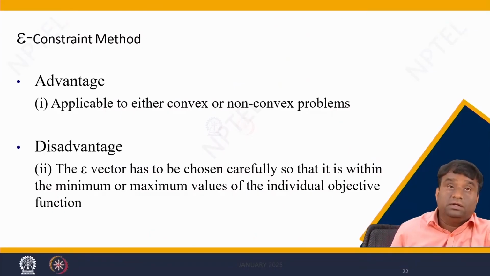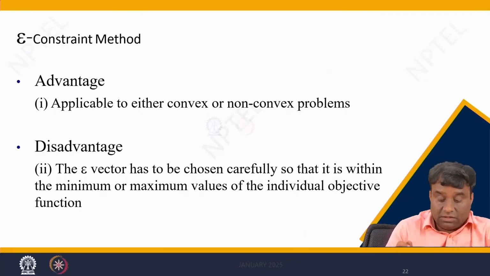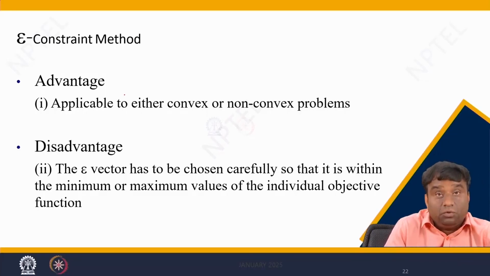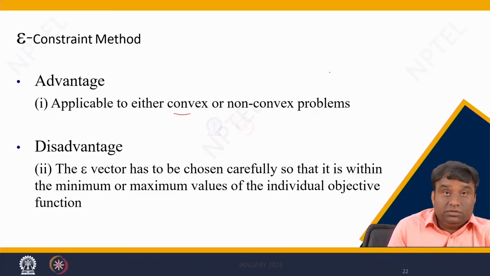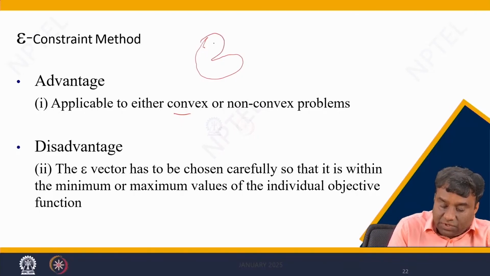So the advantage of the epsilon constraint method is that it can be applicable to either convex or non-convex problems. If the feasible solution space is like this, you can say it is not convex.